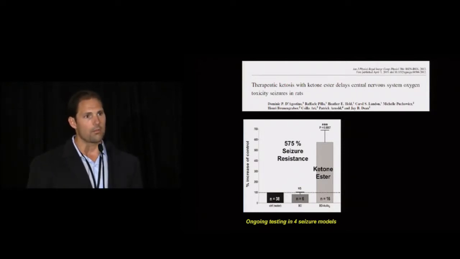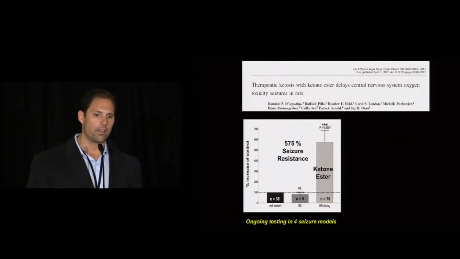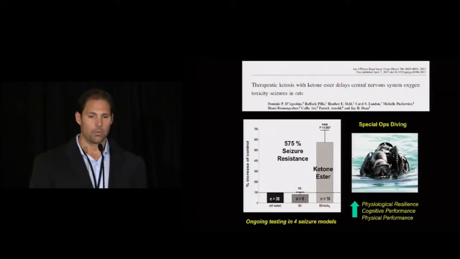This is above and beyond what anyone has been able to achieve with any anti-epileptic drug or experimental anticonvulsant drug. We have ongoing testing in at least 4 different seizure models, and we're soon to start a glucose transporter type 1 deficiency syndrome mouse model.